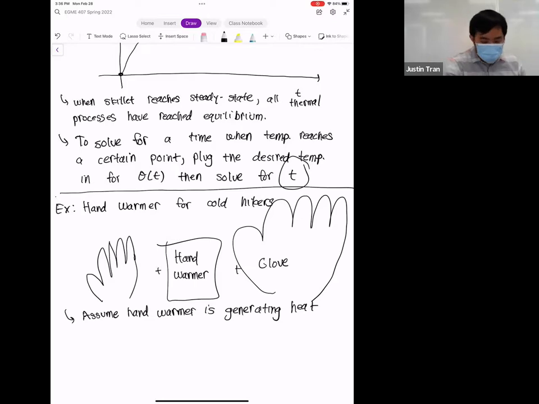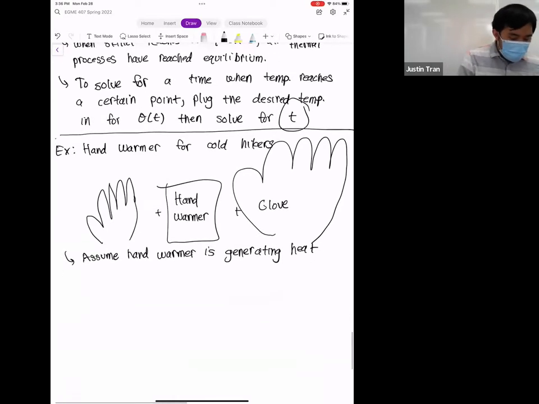So there's ones that run on batteries. And so those ones are basically transforming the electrical power into thermal power. I know that there's some that are chemical as well. So very similar to a cooling pack if you've ever used one. But this is just the opposite in that it's heat. Okay. And because this hand warmer is being shielded by the glove, we're going to assume that there's no convection here.